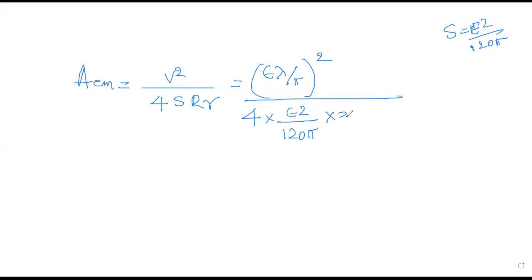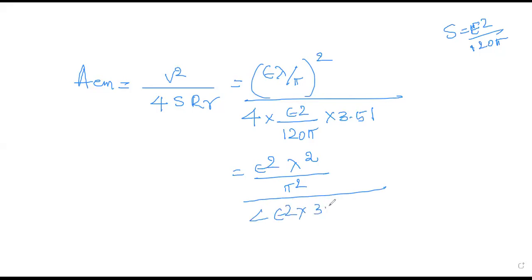Radiation resistance, what you have got is 3.51. So if you just simplify it, it is E square lambda square by pi square divided by 4, E square by 120 pi into 3.51. So E square cancels, 1 pi and 1 pi cancels.